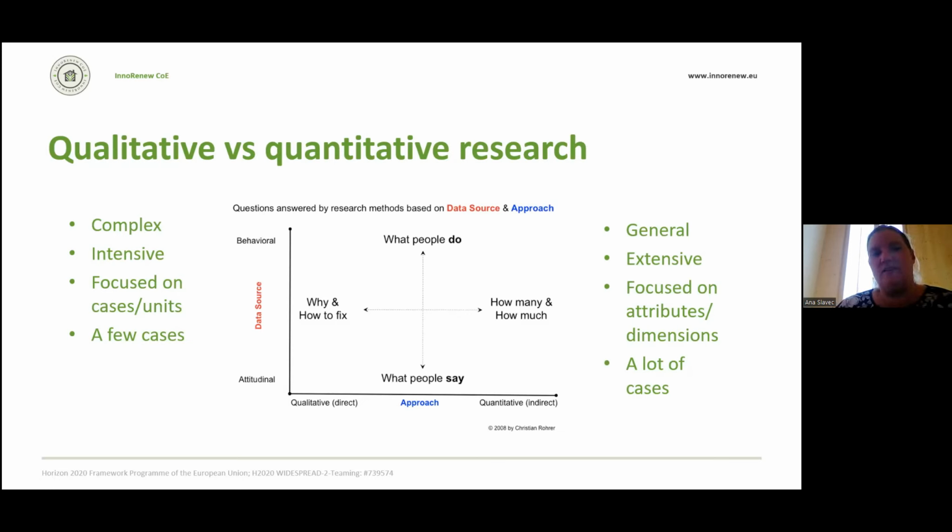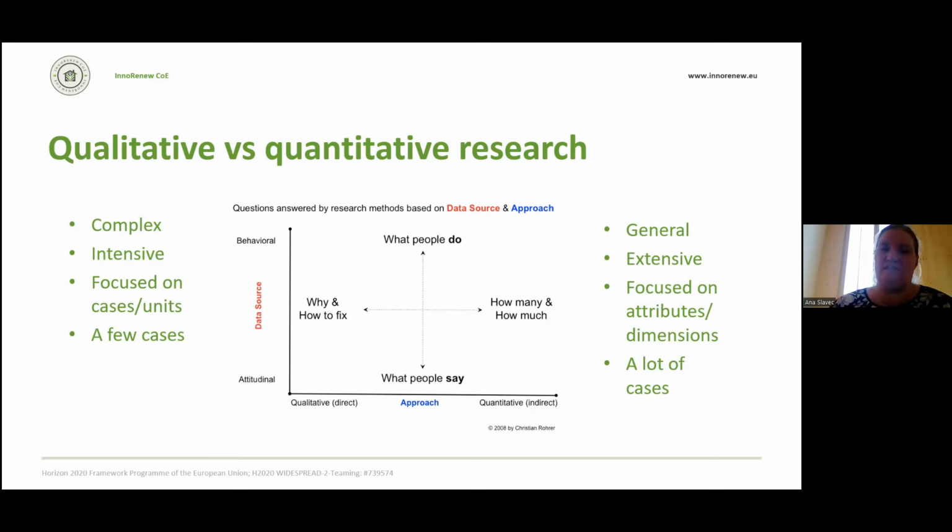So we have methods that are more qualitative, like cognitive interviews, focus groups and other qualitative methods, and on their side we have surveys and other quantitative research methods. So surveys are a quantitative method that we use when what we want to measure is not so much complex, but more general, more extensive.